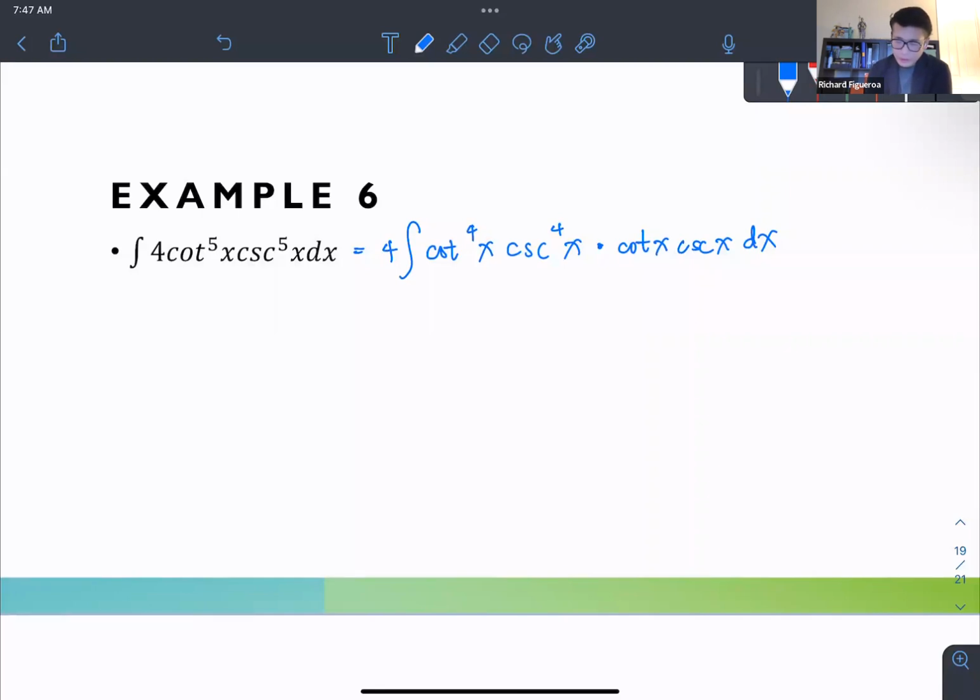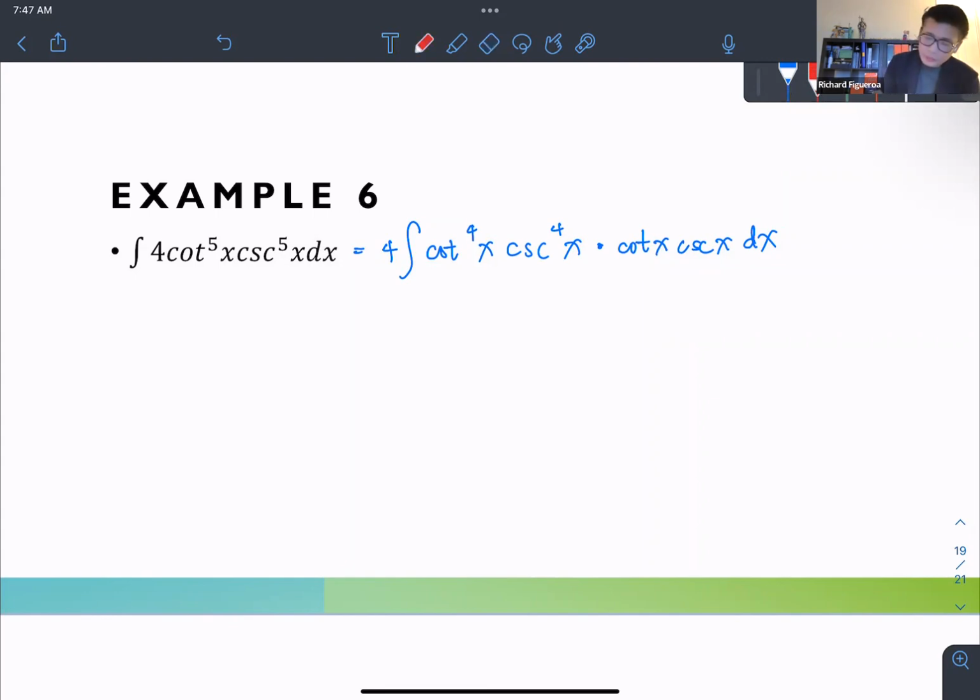So ngayon, we want to transform dun sa power rule natin.